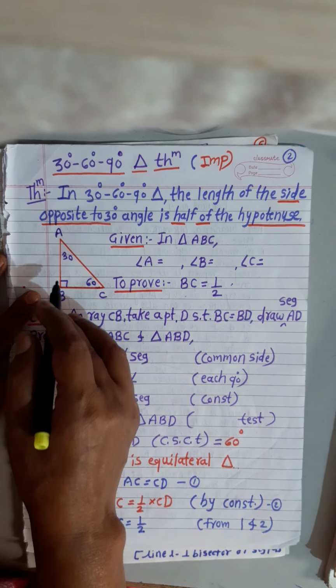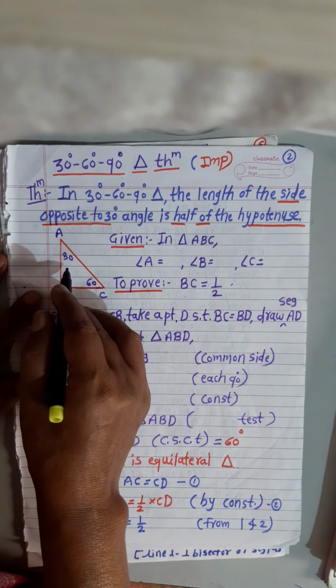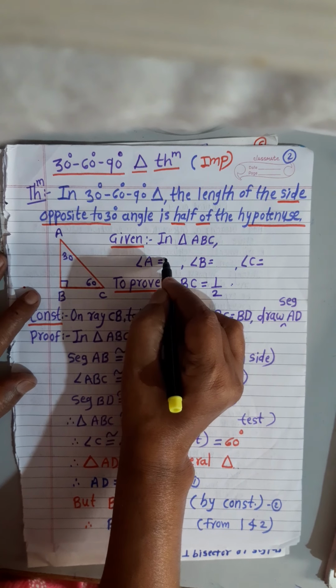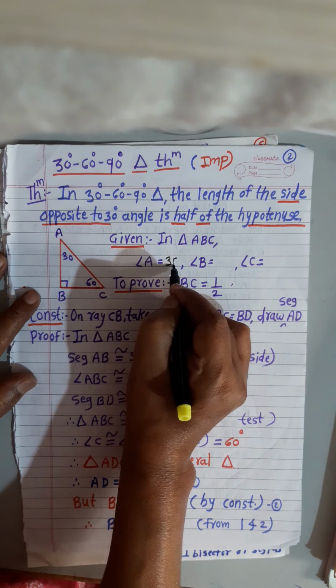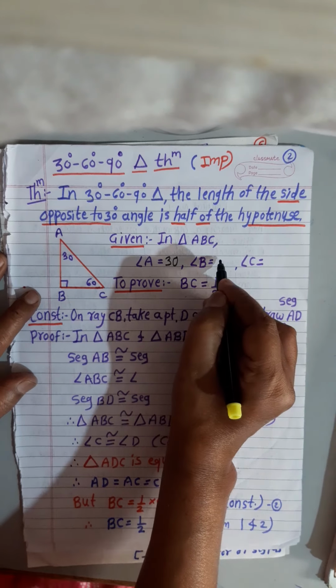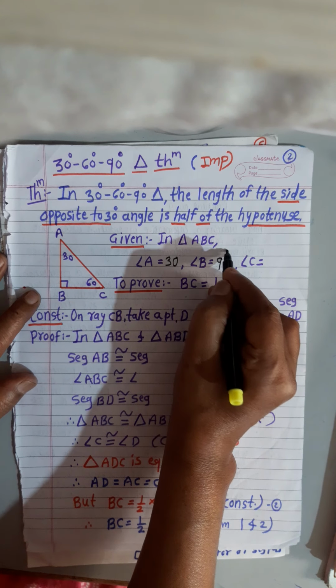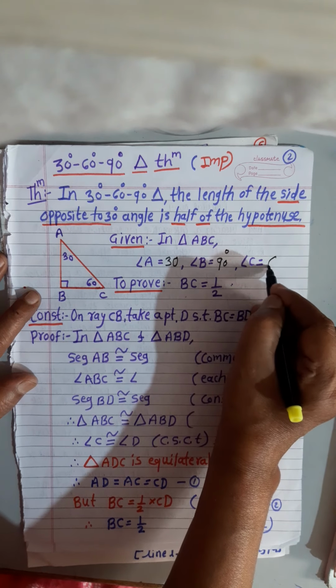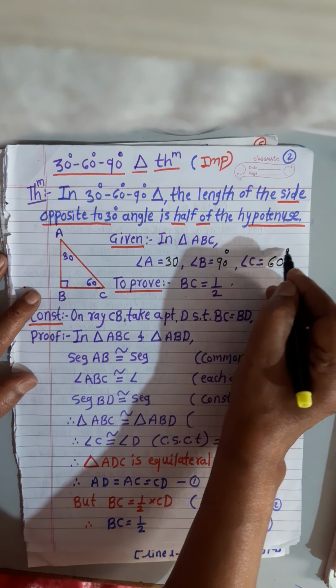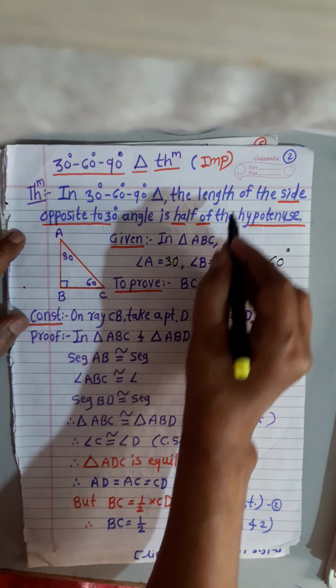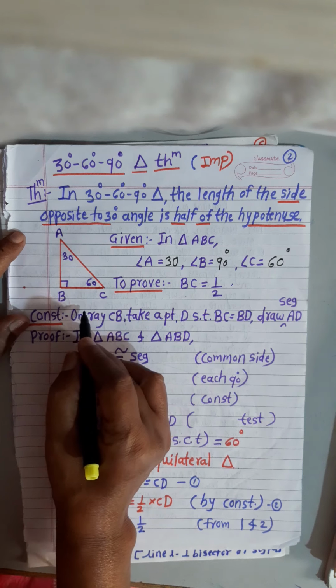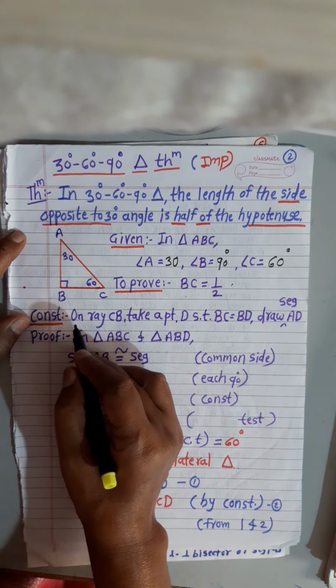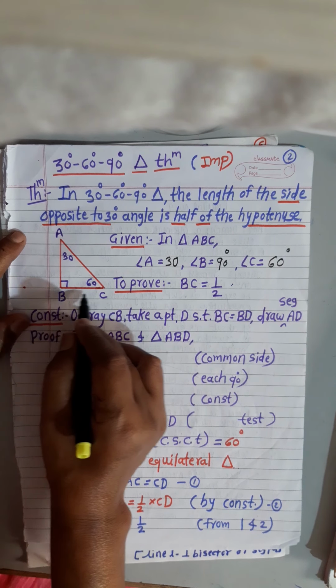Now we have drawn here triangle ABC, where angle A is how much? 30 degrees. They have given the 30-60-90 triangle. Angle B is 90 degrees and angle C is 60 degrees. Now what we have to prove? That the length of the side opposite to 30 degrees. Now what is the side opposite to 30 degrees?